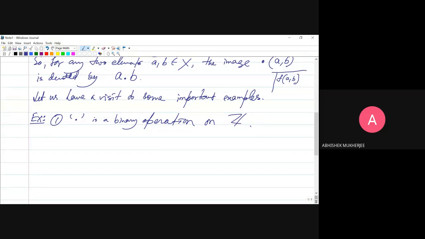Similarly, if you consider addition over integers, then you will find that yes, it is also a binary operation on Z, because given any two integers, if you add them, it will again be an integer.